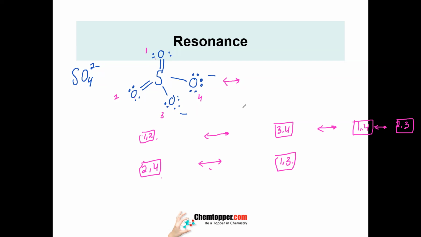You want me to draw, or you can draw it on your own? Shall I draw them? Like 3 and 4 means sulfur, and there is a double bond with oxygen 4 with 2 lone pairs, with oxygen 3 with 2 lone pairs, and the other 2 oxygens are singly bonded, 1 and 2.